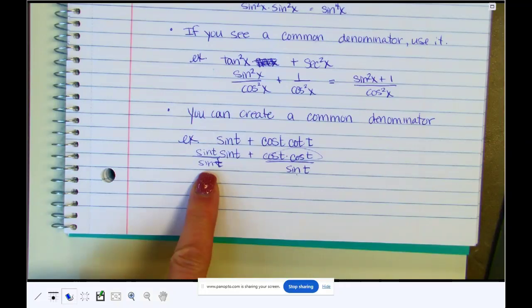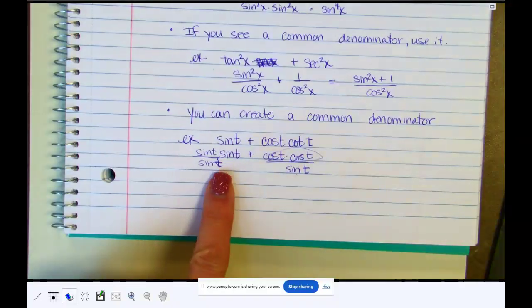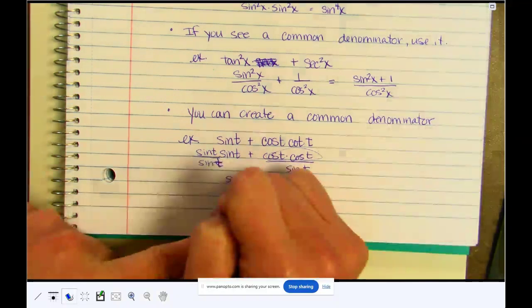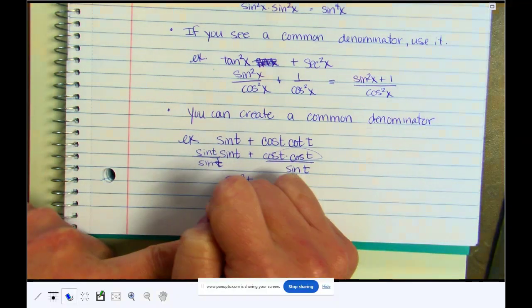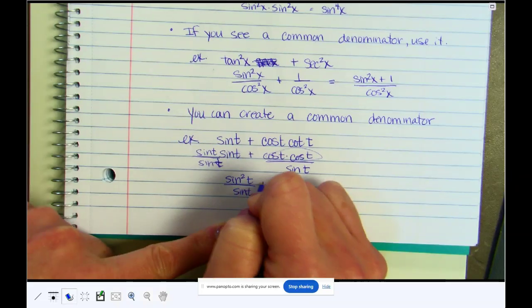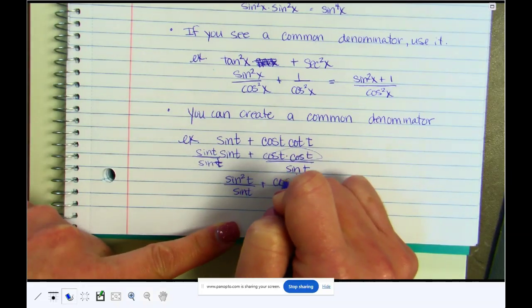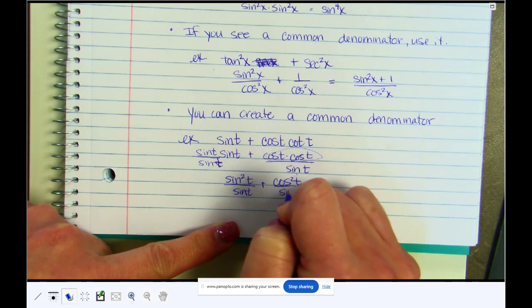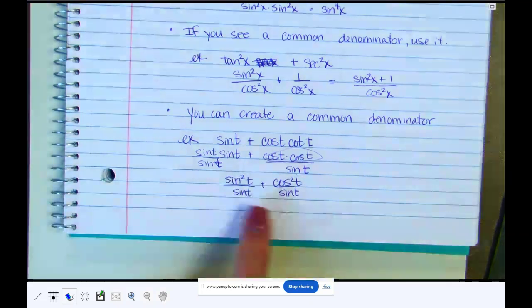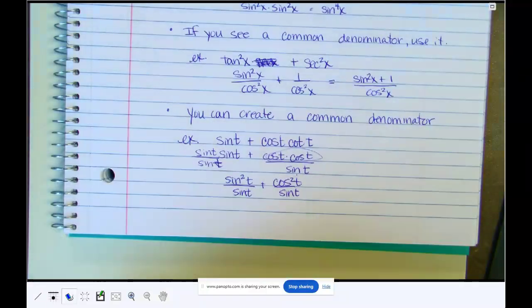Okay, so common denominator, we will go over and practice this with fractions in just a hot second because obviously it's been a hot minute since that. But now look at the top. What is the top of this fraction? Yeah, so we have sine squared over sine plus, that was cosine squared, we already talked about that, over sine. Now because I have a common denominator, I can add them.